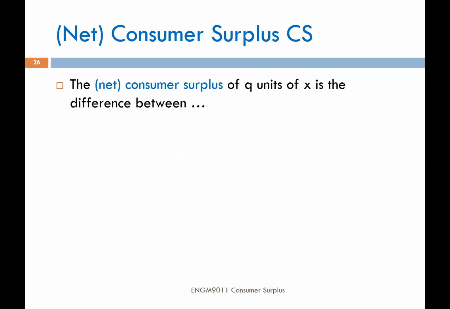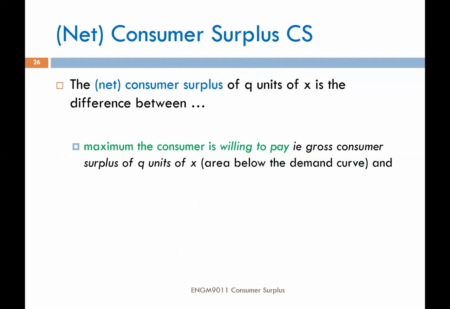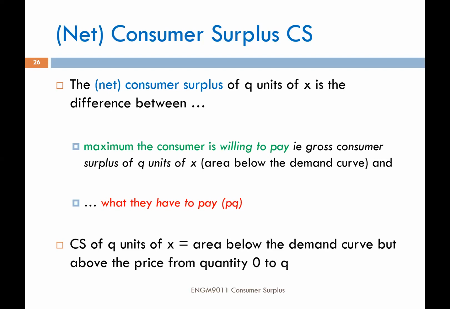So the consumer surplus of Q units of good X is the difference between the area underneath the demand curve, the gross consumer surplus, right, which is what we call the maximum willingness to pay for that many units, and what you actually have to pay for that many units, which is PQ, right?